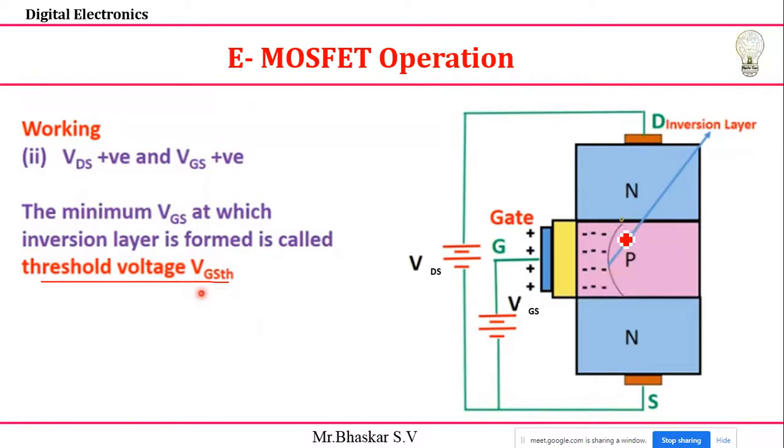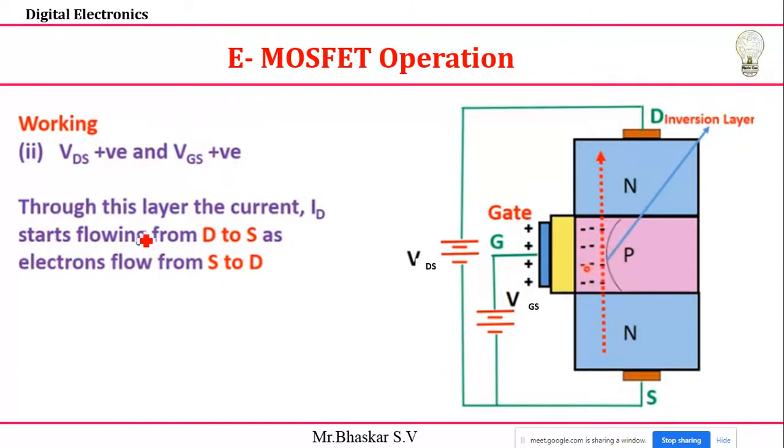That is called the threshold voltage. If I give it, then only there is a channel between the source and the drain and current starts flowing. Otherwise it stays in the normal condition. That voltage is called VGS(th), where TH stands for threshold voltage.